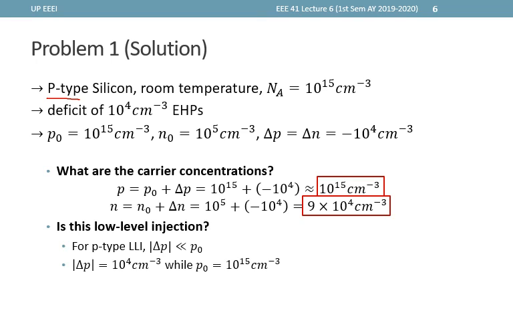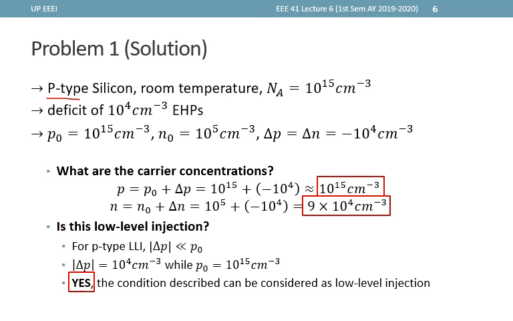Its absolute value is 10 to the 4, while p naught is 10 to the 15. Based on these values, we can say that yes, the absolute value of delta p is much less than p naught. And actually, we have shown in this slide another form of the LLI condition where p must be approximately p naught. So yes, this is low-level injection.